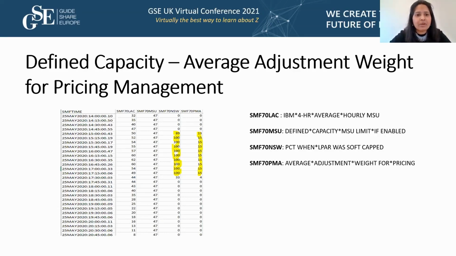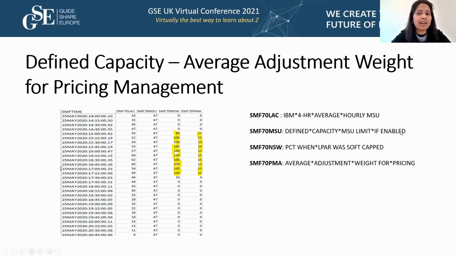Yes, I have pasted some table data also here, and I have selected 4 measures from SMF70. SMF70 LAC and SMF70 MSUs. LAC is nothing but the IBM 4 hours average hourly MSUs, and the SMF70 MSUs is the defined capacity MSU limit if enabled.